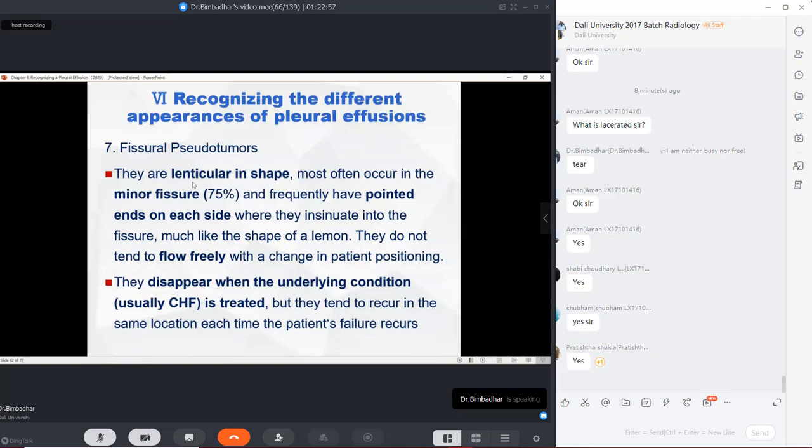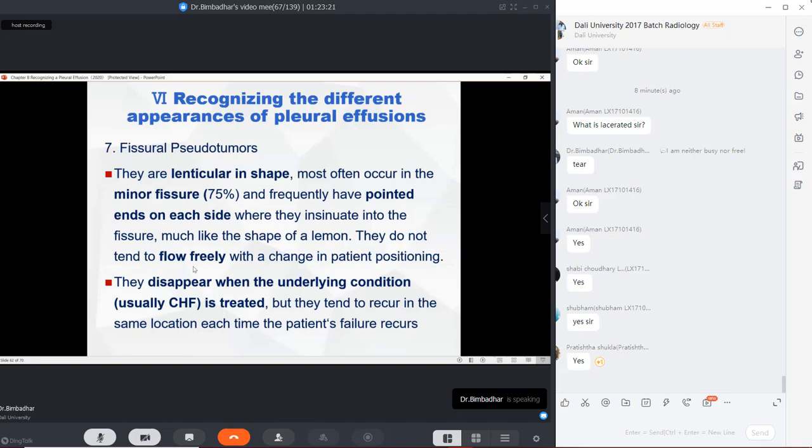It is clearly demarcated with a sharp margin. It may also have a meniscus, and it does not extend beyond the fissure lines, but it will change its shape, and the density completely vanishes if I change the position of the person.